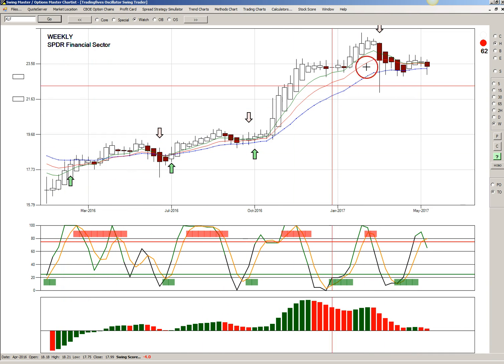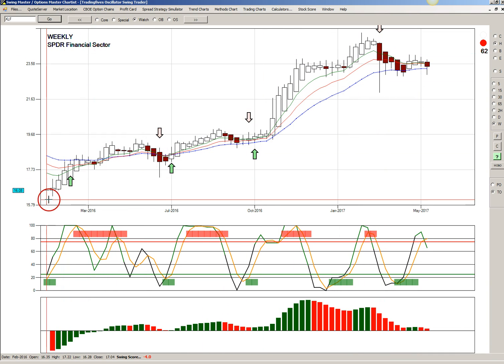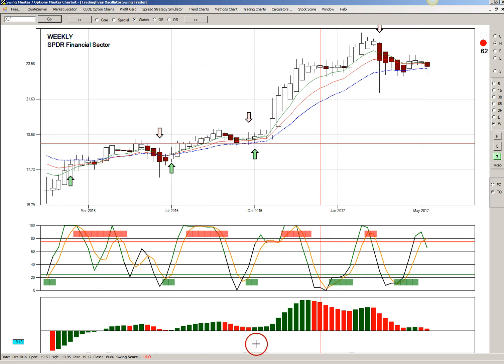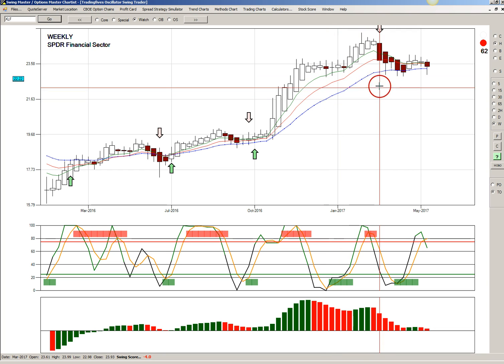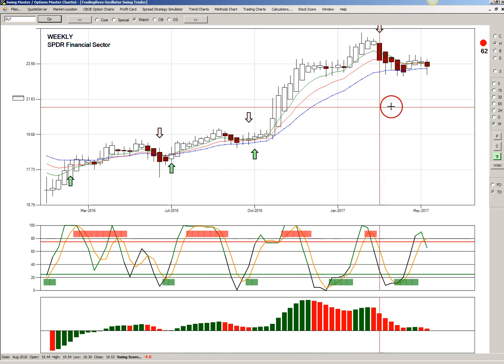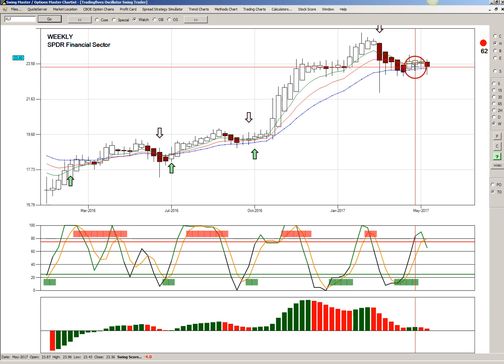One is just the general drift. The prices are going from the lower left to the upper right. That's bullish. We have the TO, the Trading Fives Oscillator, above the zero line. That's bullish. And the momentum ribbon is trending upward. Right now it's a little flat, but it hasn't crossed to establish a higher term bearish trend.